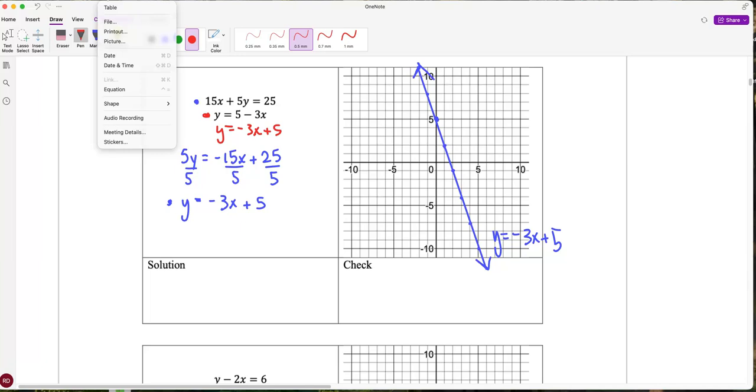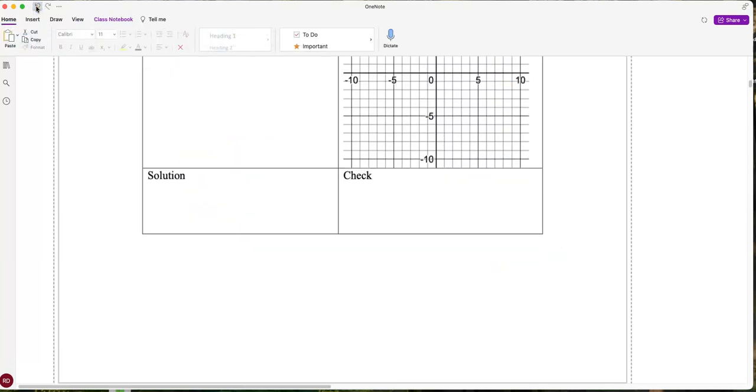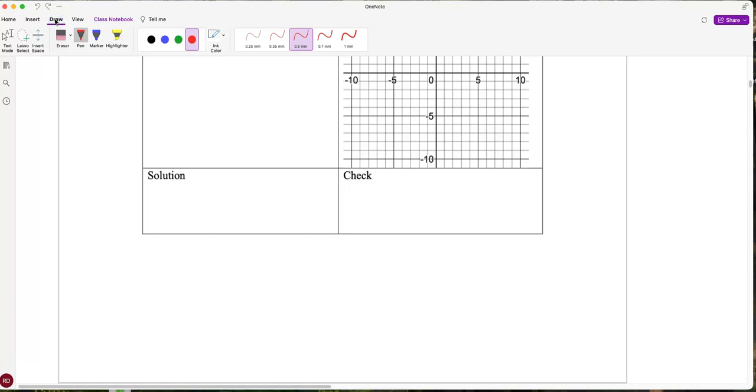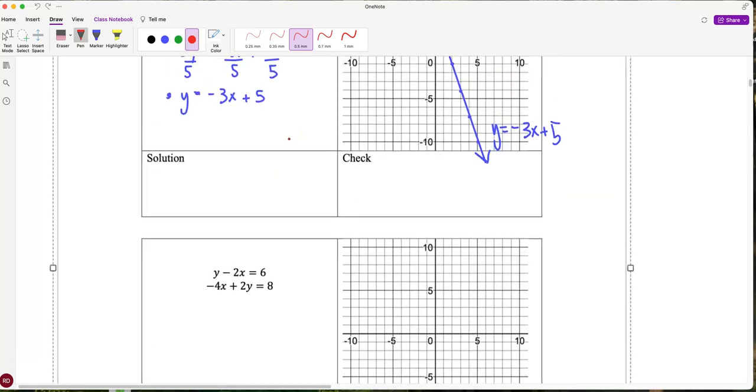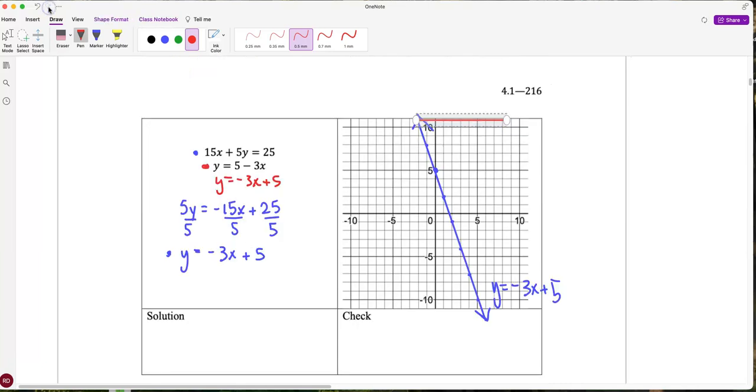So if I were to draw that, I mean, clearly I'm going to see, if I draw that line, I need to try to get rid of that other piece there.